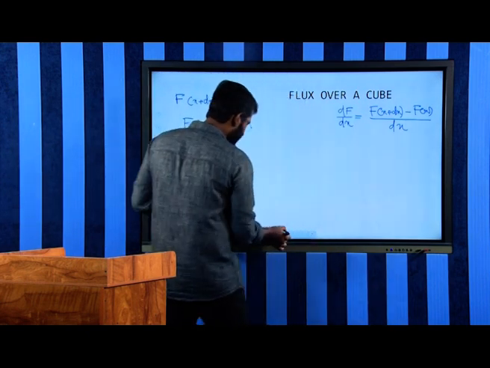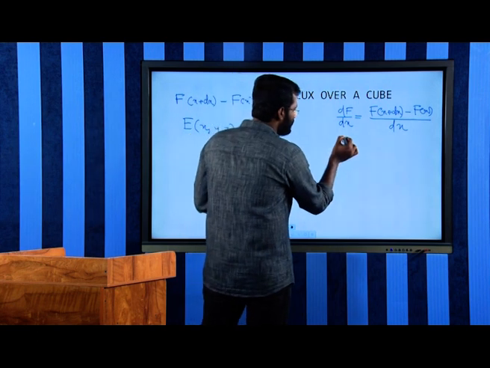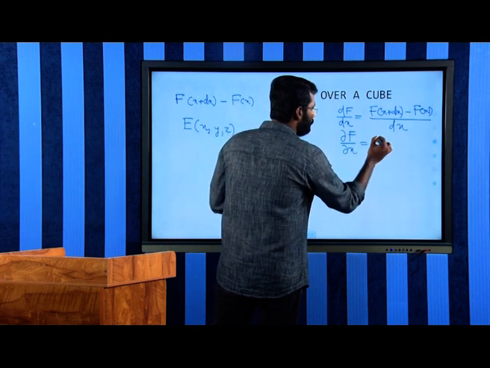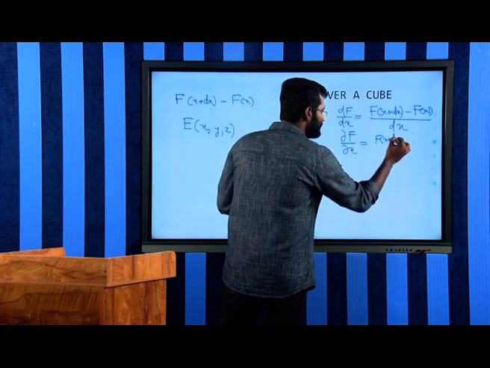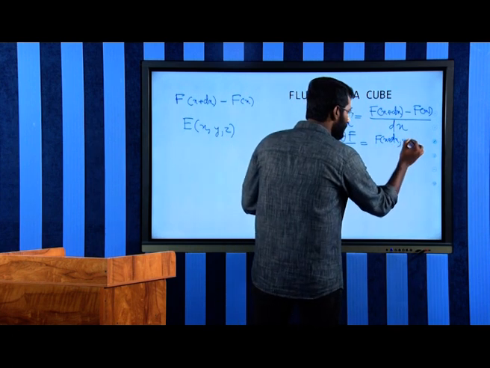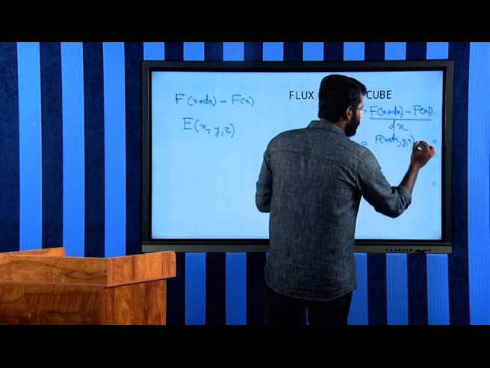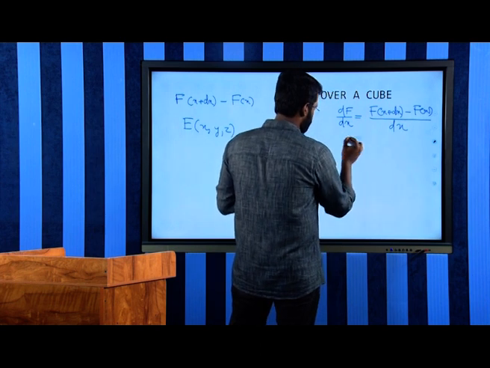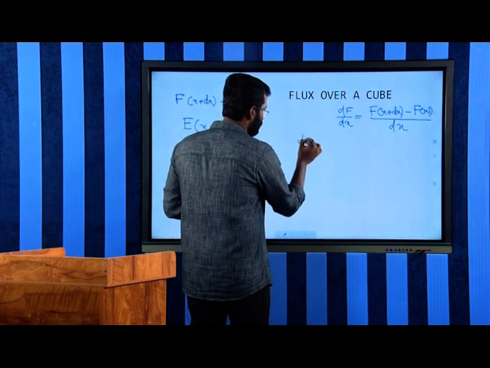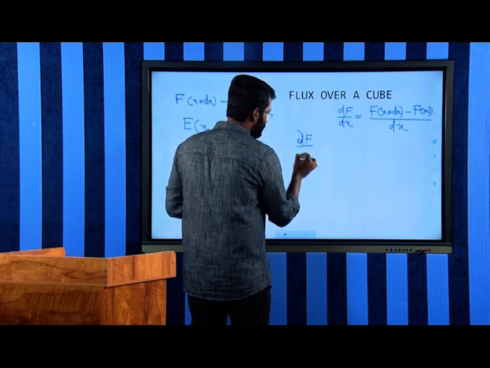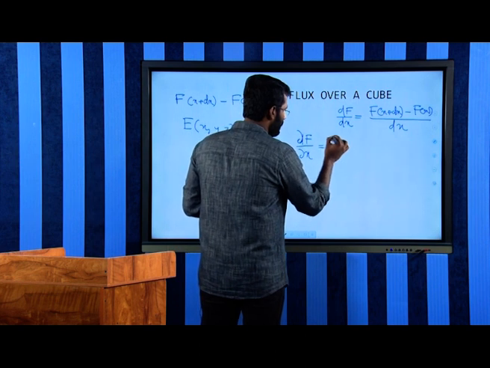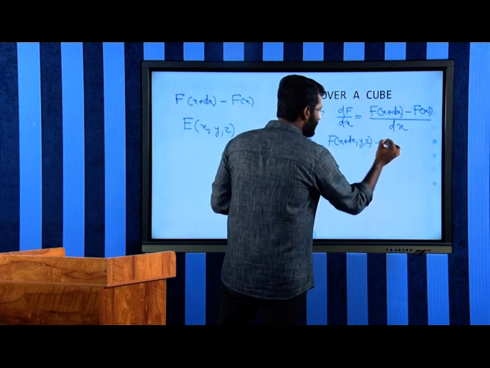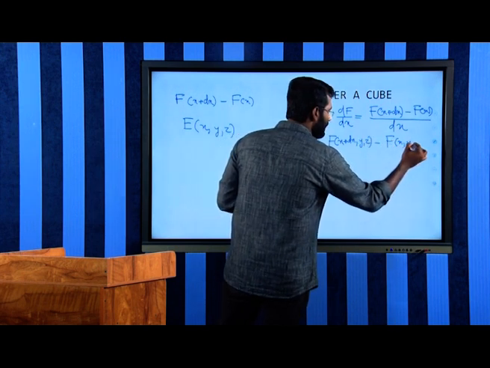Instead of df by dx, which represents the total derivative, we can represent it as dou f by dou x, which is equal to f of x plus dx, comma y comma z, minus f of x, y and z.